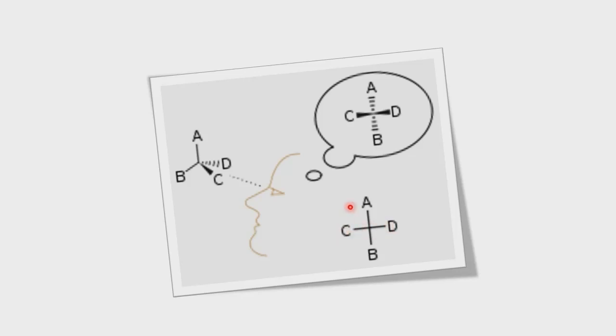In this case, letter C is directed towards the viewer. This solid line here is letter C, and on the opposite side of C is letter D, which is also going towards the viewer. So C and D are both represented by the horizontal lines.